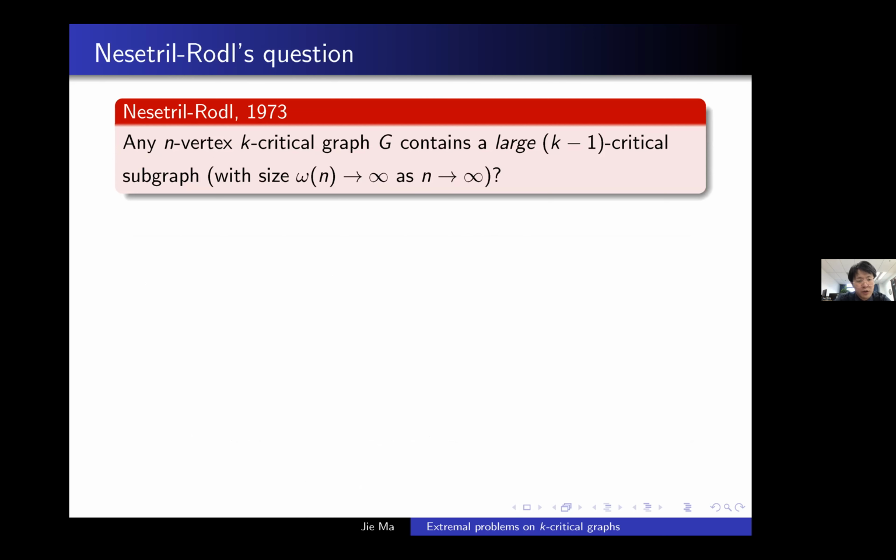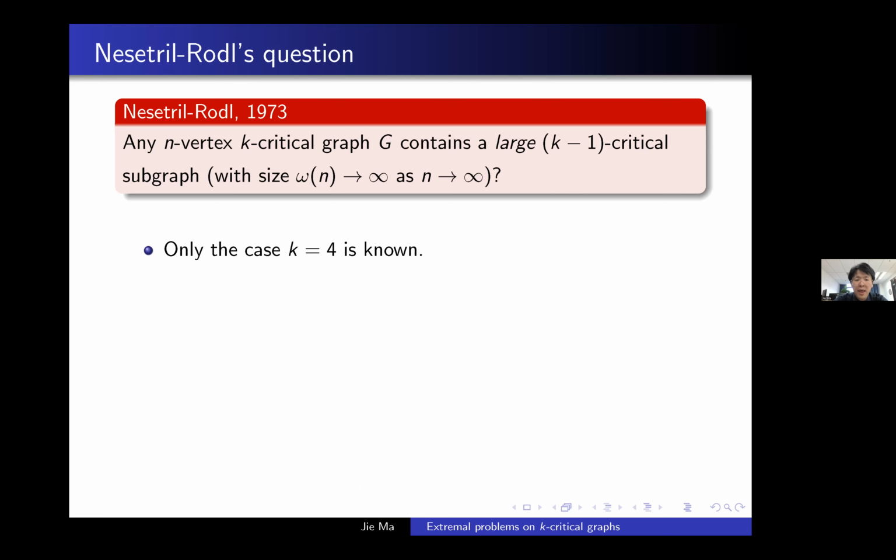It's a question of Nešetřil and Rödl. They study the size of k-1 critical subgraphs. So they ask if there is a large subgraph. By large, I mean that as n goes to infinity, the size goes to infinity.